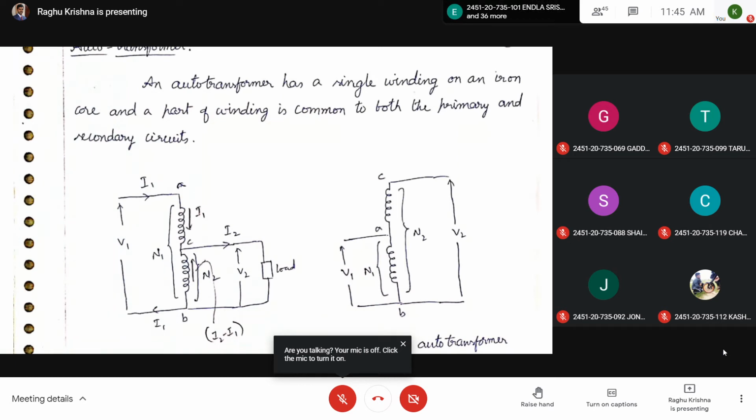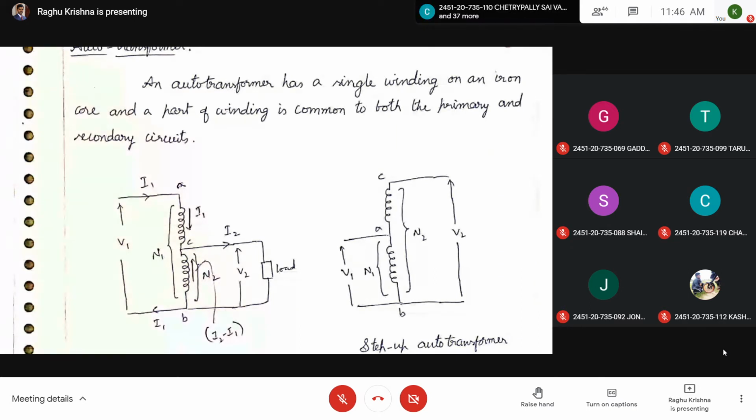In this case we can use less copper as compared to a single-phase two-winding transformer. This is a single-phase autotransformer, used where the transformation ratio is near to unity.